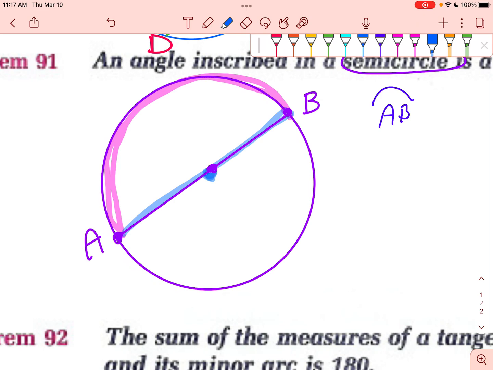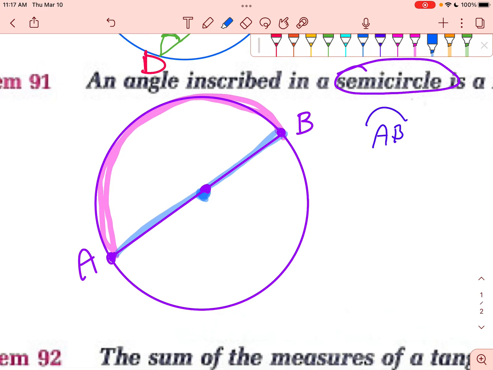So if something goes through the center of the circle, and I draw an angle coming from the endpoints, it doesn't matter where, a triangle or an angle. So let's say I draw this angle right here. Because the endpoints are A and B and the arc is 180 degrees, this angle has to be 90 degrees.